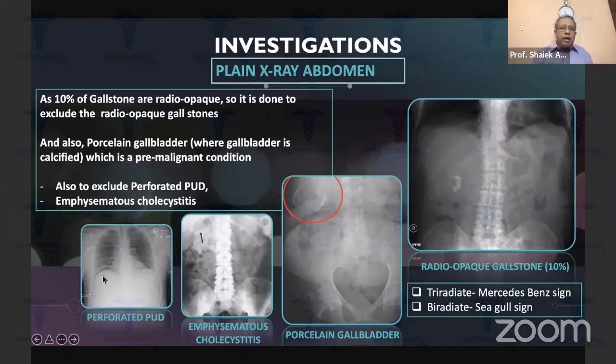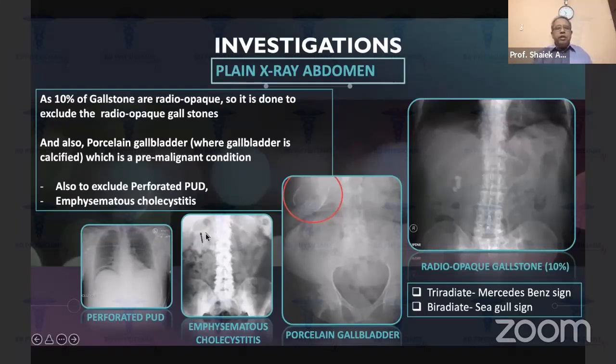And the difference between pneumoperitoneum and emphysematous gallbladder, by comparing the two pictures: look, this is the X-ray chest PA view. There is a diaphragm sitting there, but there is a crescentic gas shadow, which is formed by the underside of the diaphragm, the right dome, and the superior surface of the liver. But here, there is no crescentic gas shadow.